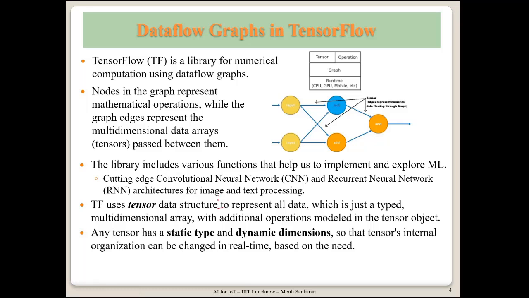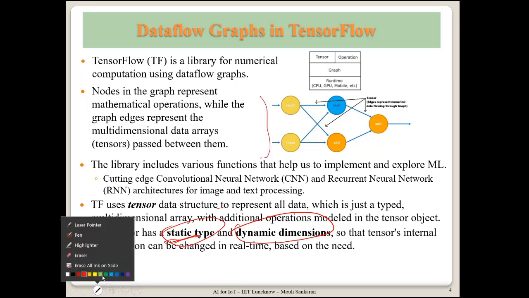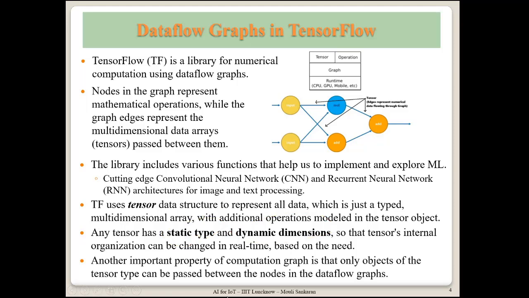That means you cannot say in one training I will run it with float and in the next loop train this network with some other data type. No, the data type is static, but the dimensions are dynamic. The dimensions that go through could change, they can be modified based on the need or the data coming in. But the basic data type is constant, so that is static. I hope you understand the difference.